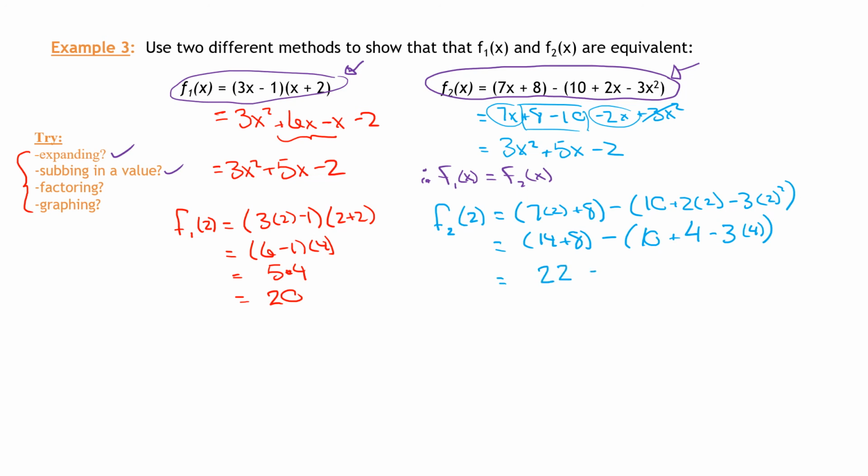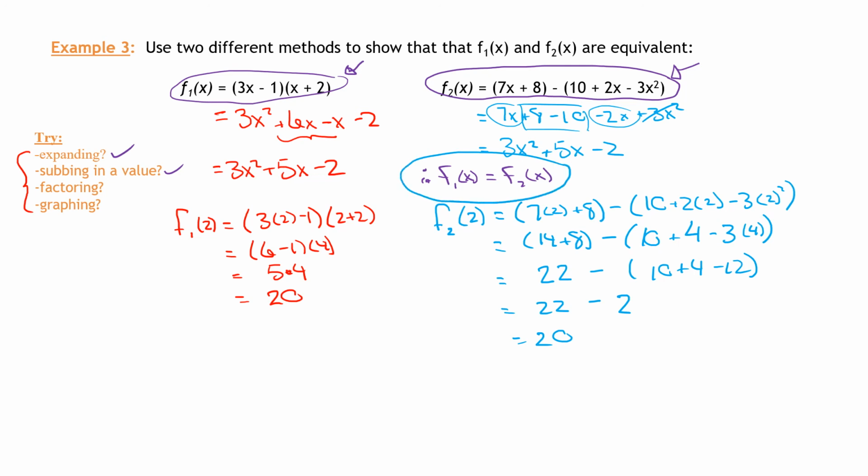Minus, let's clean this up a bit: 10 plus 4 minus 12. What is that? Well, that's going to be 2. So 22 minus 2, and we get 20. We proved that they were equal again by subbing in a value.